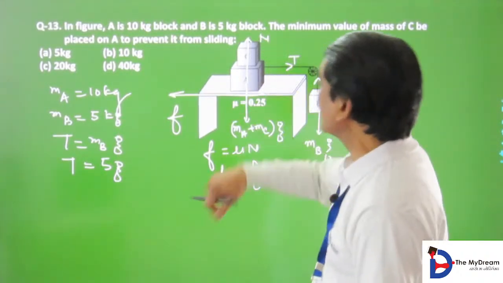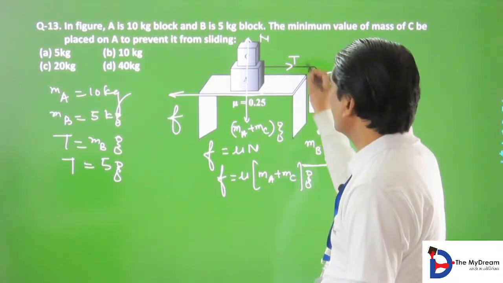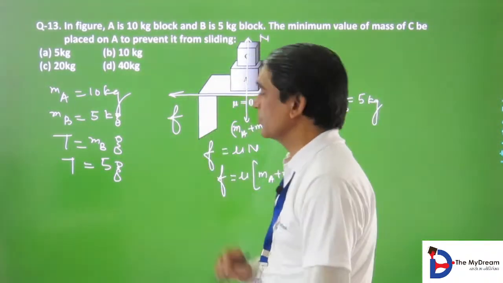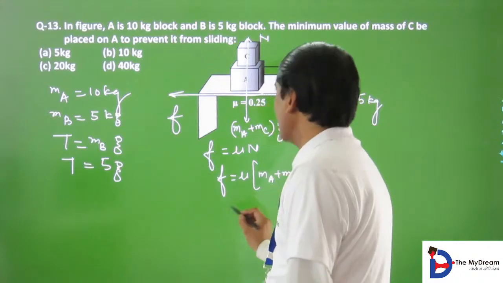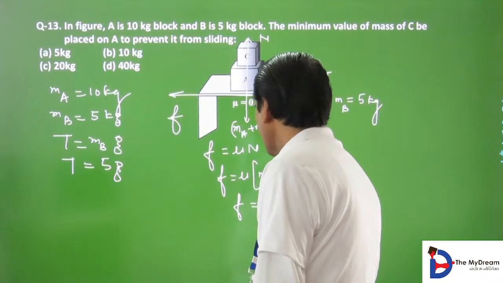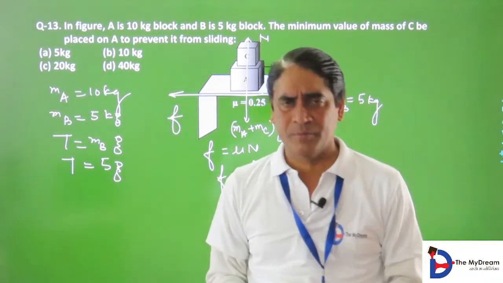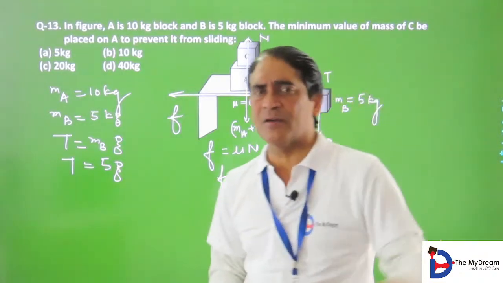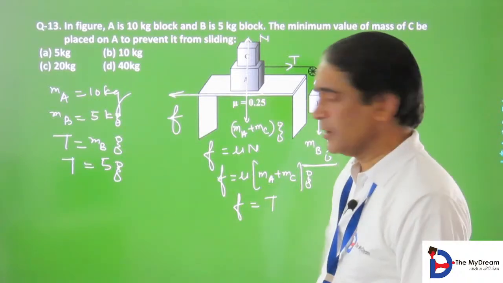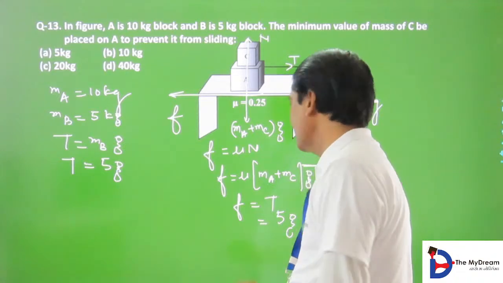To prevent sliding, the tension which is exerted on this pulley must be equal to this force. Then you can write down F is equal to T, or you can say T minus small f is equal to 0, or F is equal to T. T is 5G.